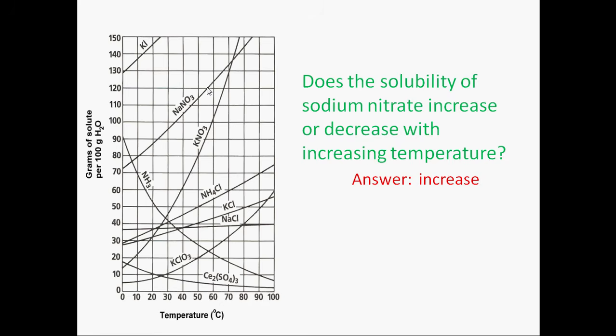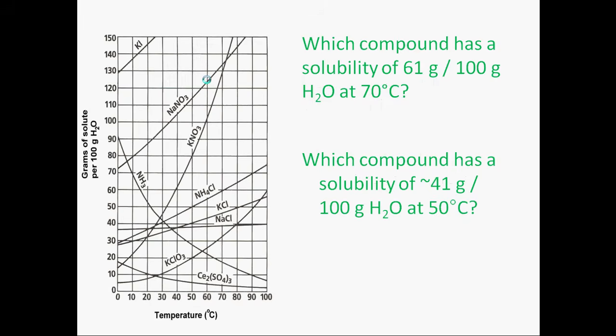A couple more questions to consider. Say we have dissolved some compound in water and we've hit the saturation point of 61 grams of solute in 100 grams of water. Say we take the temperature and it's 70 degrees Celsius. We want to figure out which compound this is that maxes out at 61 grams at 70 degrees Celsius.